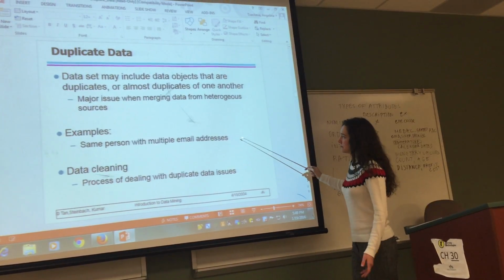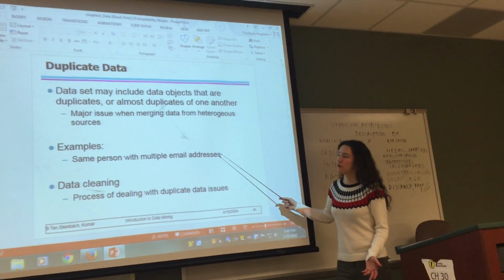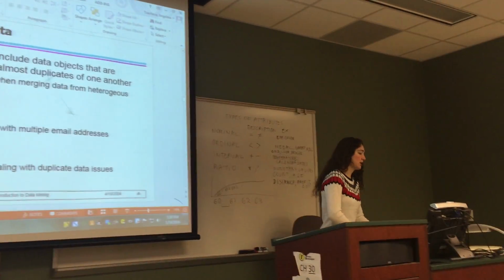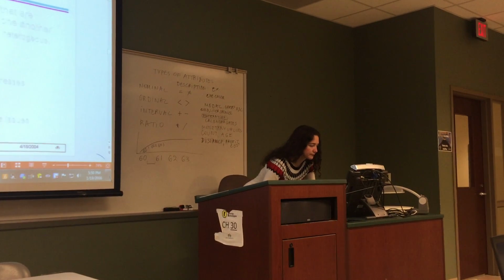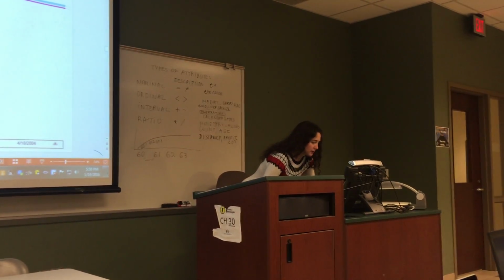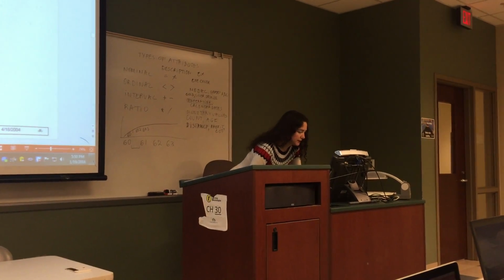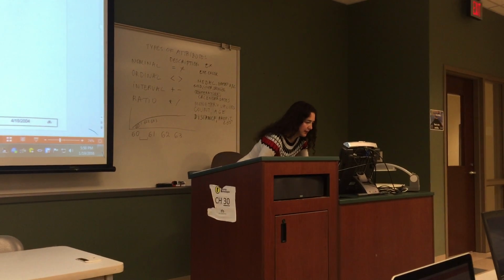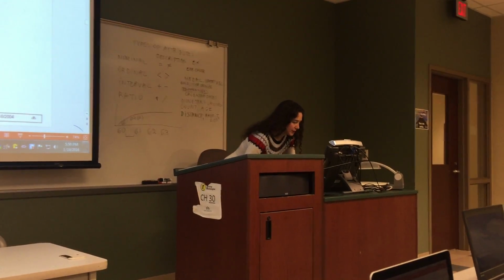Let's say multiple email addresses or multiple phone numbers or multiple street addresses. So all of these things are something that we would do during the pre-processing step. Other things that we could do.